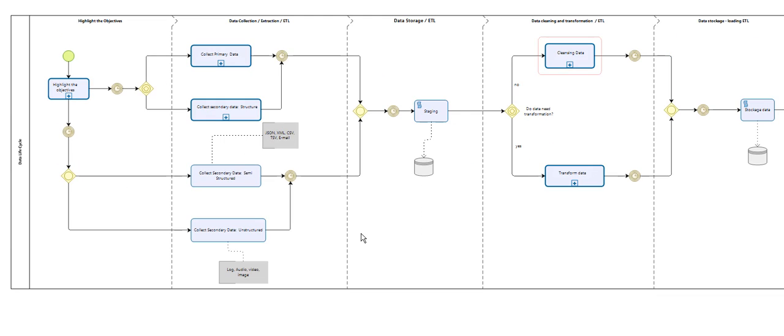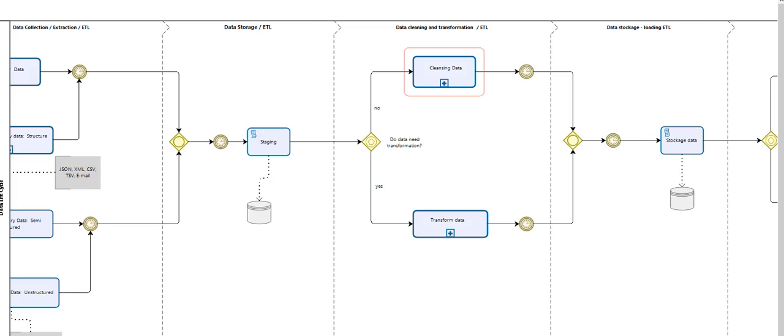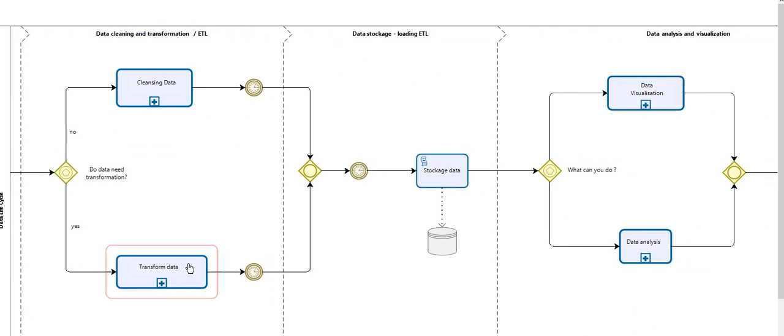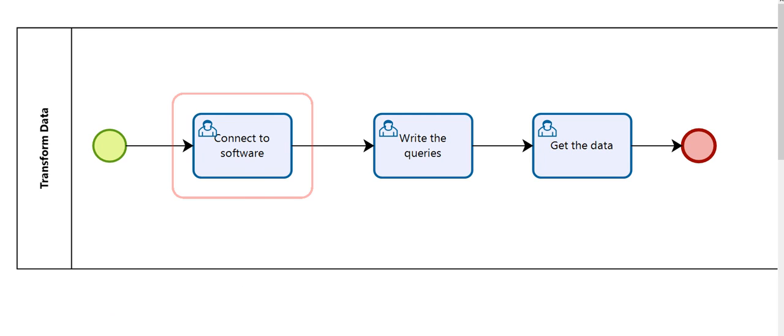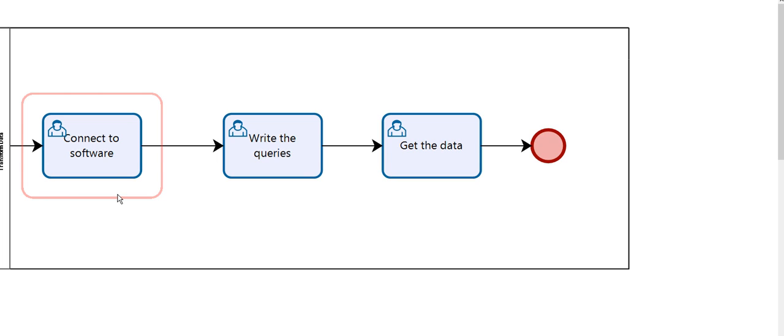and then you can also look at the transformation of your data, which is the other sub-process. When we look at this data transformation, we can see that the process begins by connecting to a software, because transformations are more complicated and complex processes.